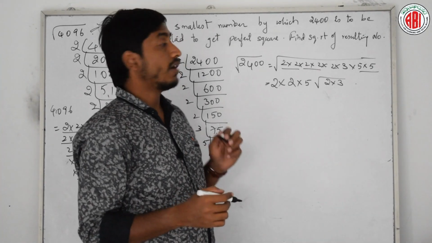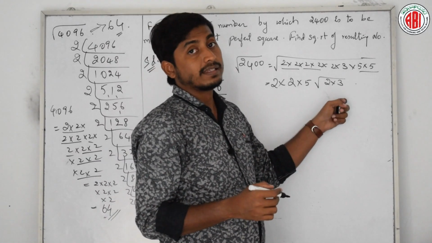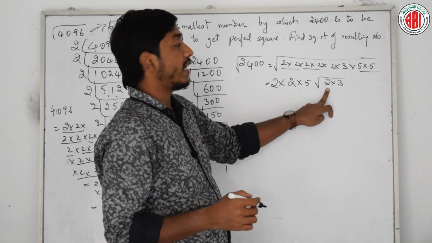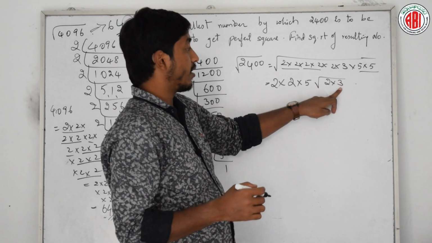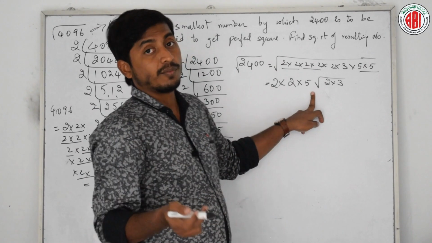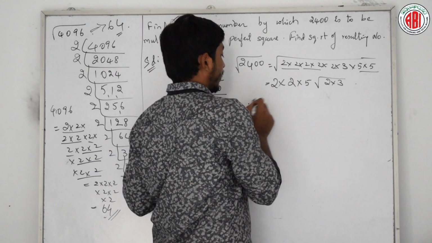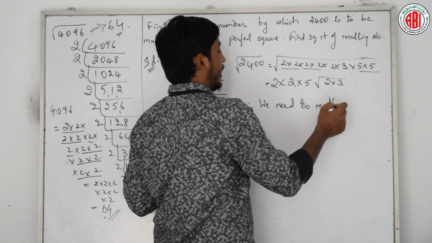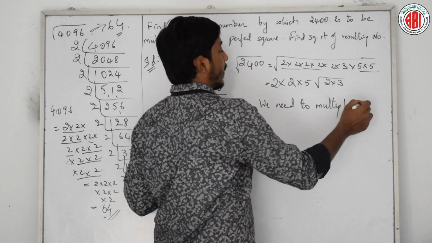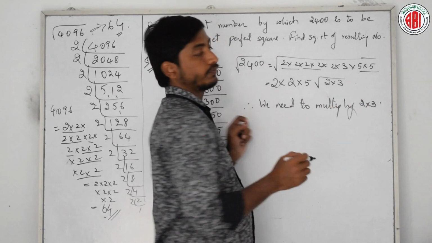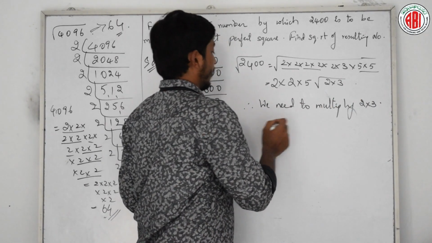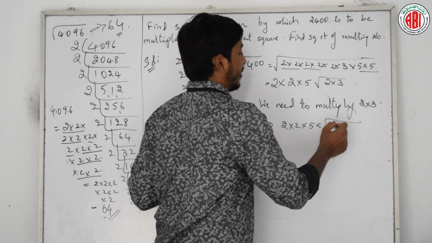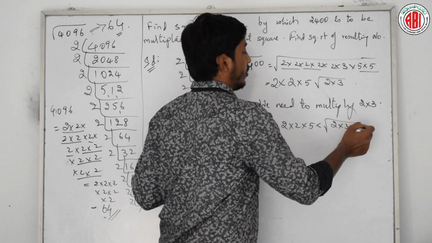Now what are the numbers needed to make this a pair? Tell me. In order to bring this 2 outside, I need 1 more 2. In order to get this 3 outside, I need 1 more 3, which means we need to multiply by 2 into 3.